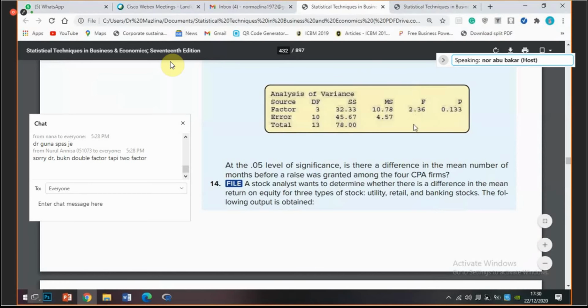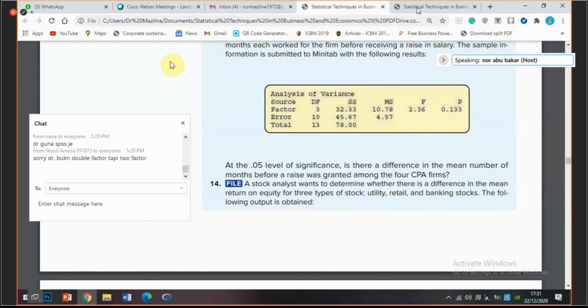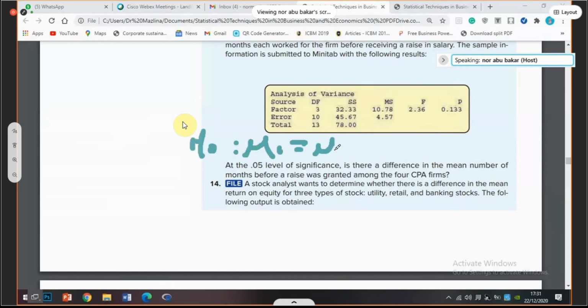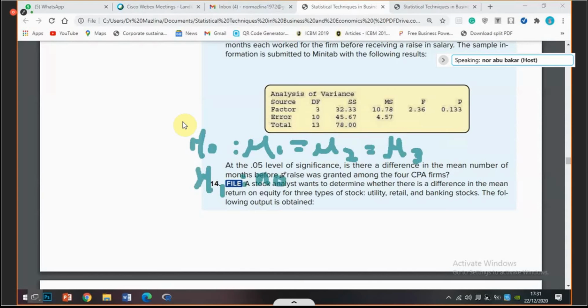However, the easiest way is to look at the probability. Okay, let's write out our beautiful handwriting again: H0, mu1 equals mu2 equals mu3, and then H1 is not all means are equal.